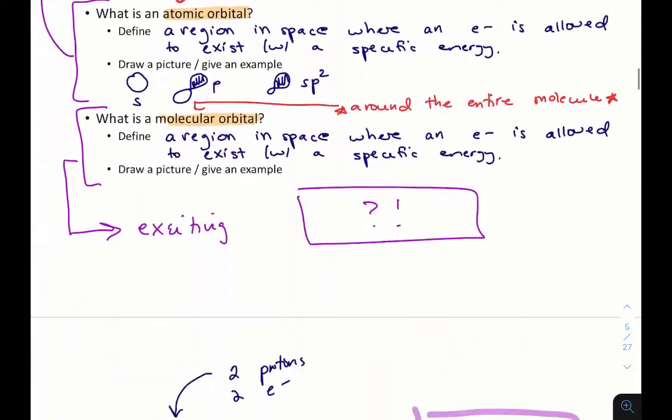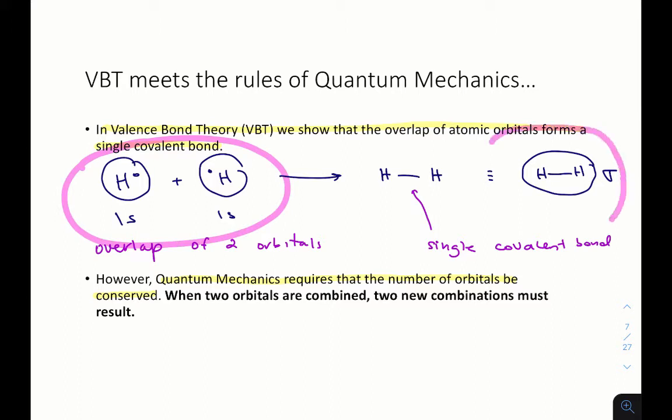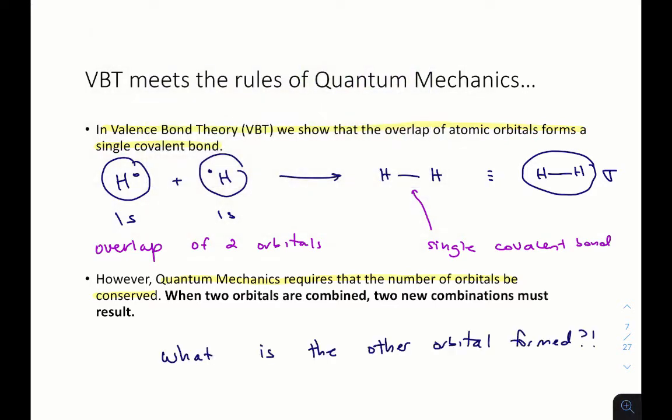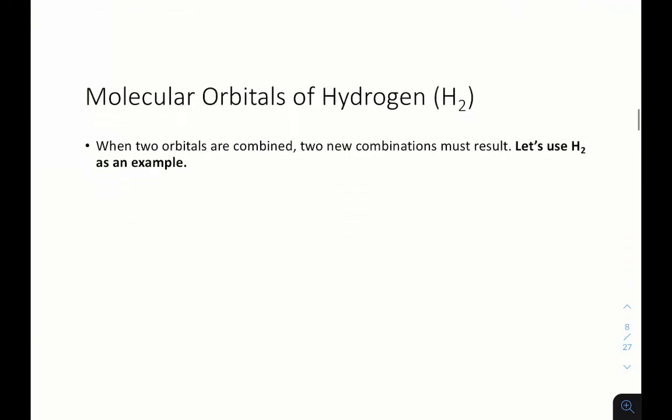So how does this relate to what we're talking about right now? Well, we've drawn two orbitals overlap, and how many orbitals did we show being formed? One. So we're missing something. There must be another orbital. Anybody know what it is? All right, good.